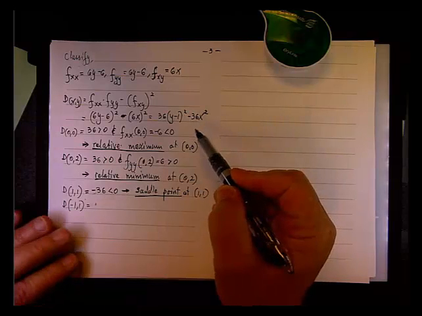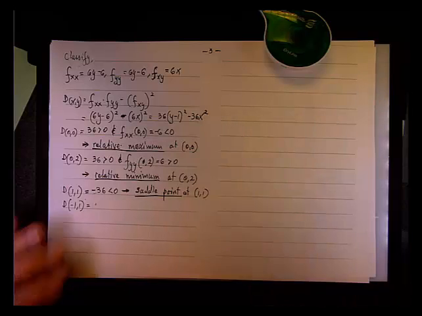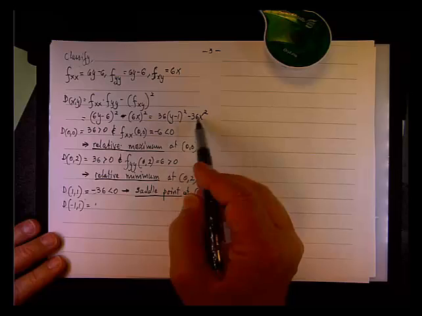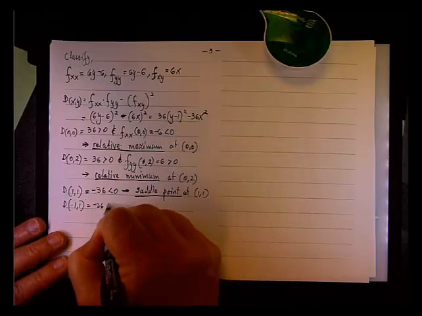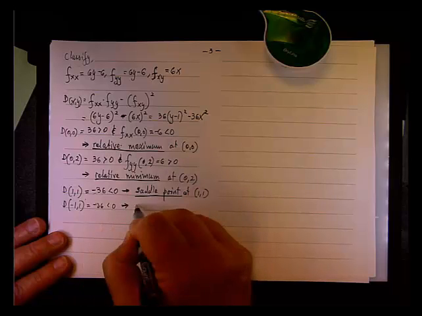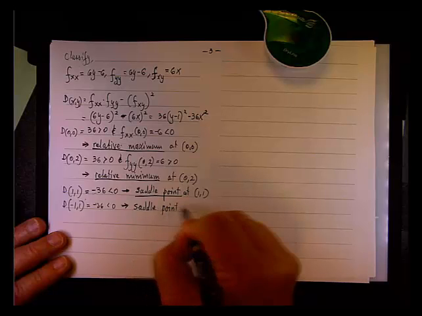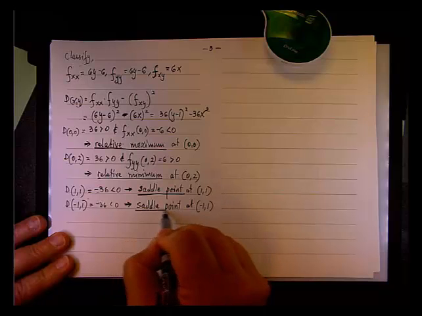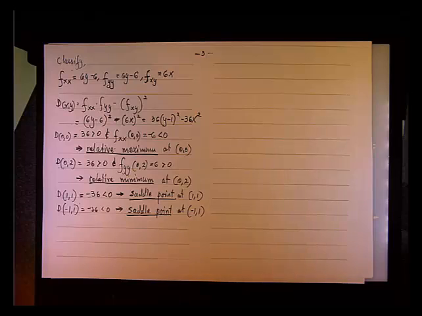And lastly, D at negative 1 and 1, let's see, we're looking at this expression, so this is still 0, and this is still negative 36, so it's another saddle point. So I think it will be interesting to verify these 4 points of this particular curve.